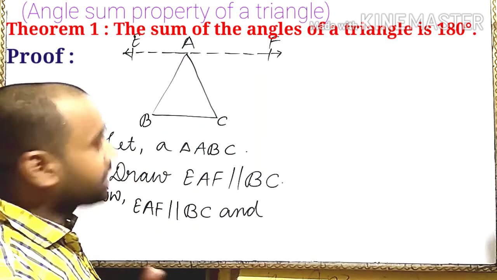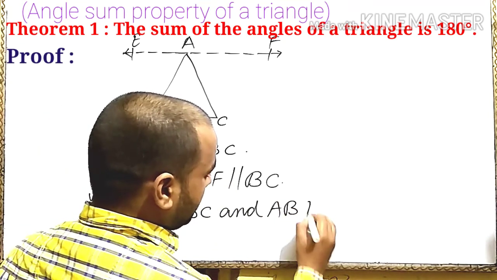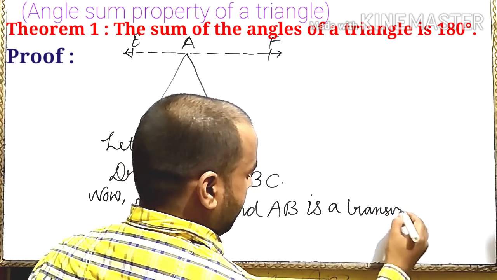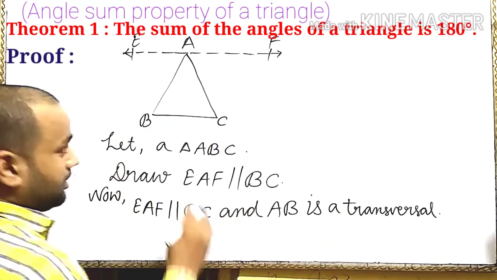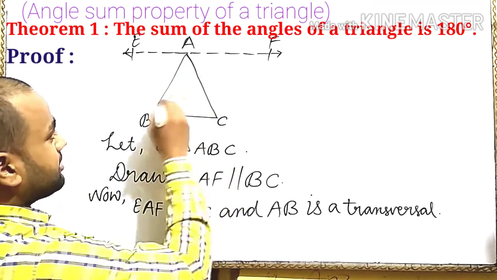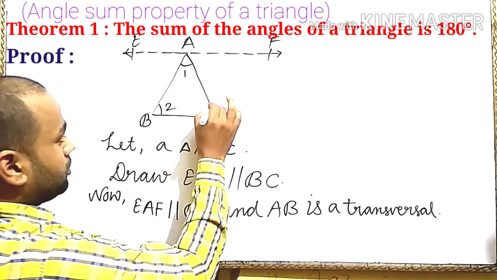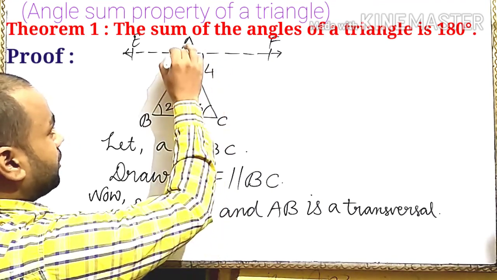So here we take the transversal line AB. Here name the angles 1, 2, 3, 4, 5.